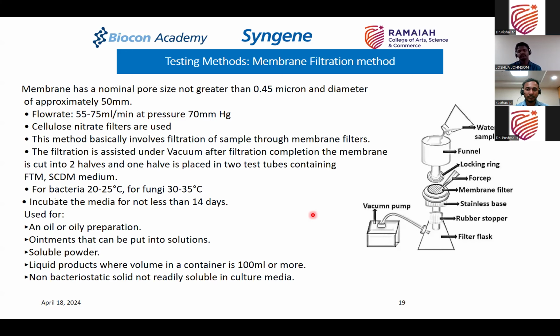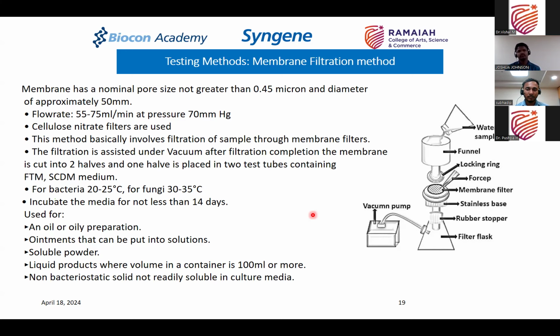One is the membrane filtration method, and the other one is the direct inoculation method. Whatever sample you have received, you can analyze it. The isolation of the microorganism can be done by the membrane filtration method. The other one is where you directly inoculate the sample into the media.